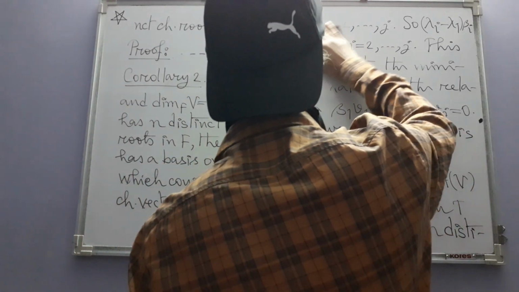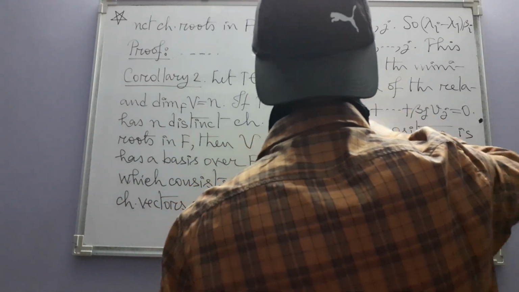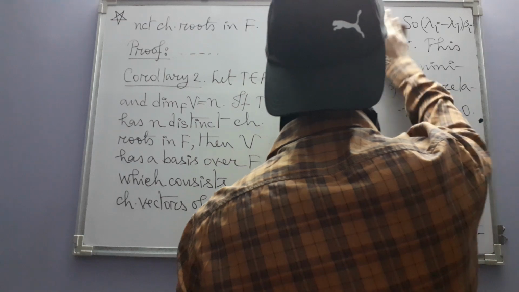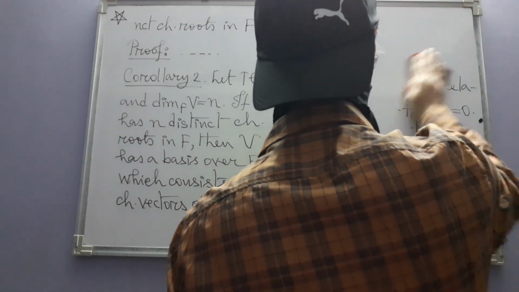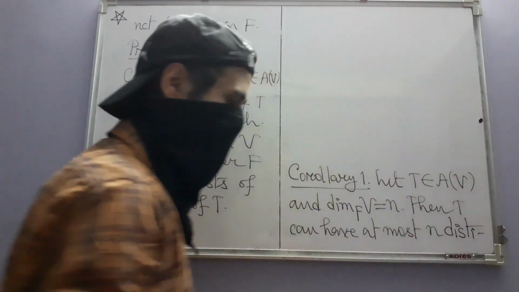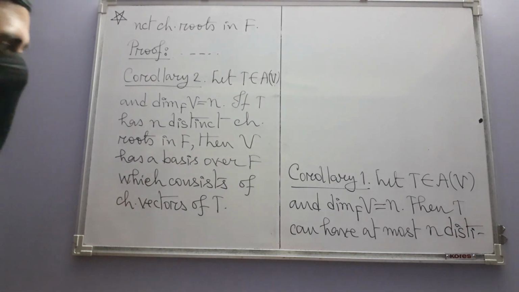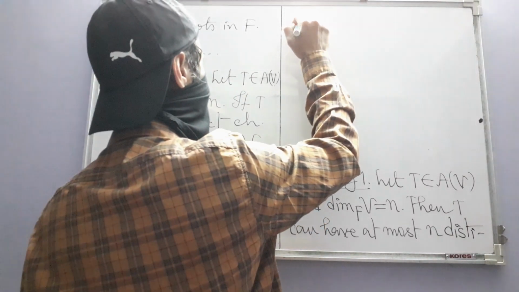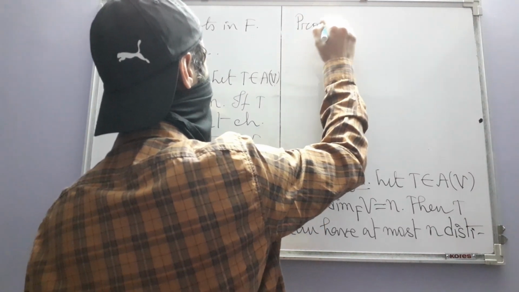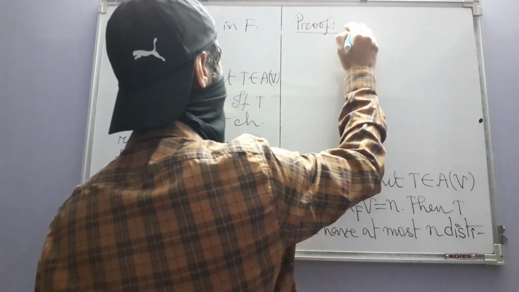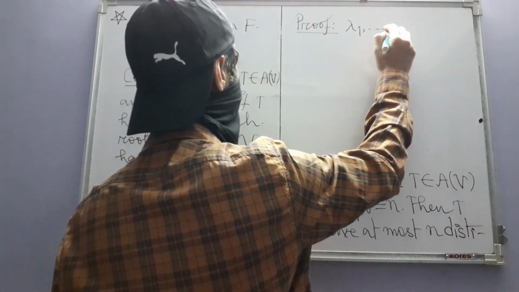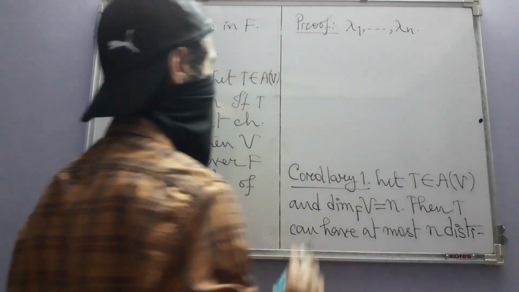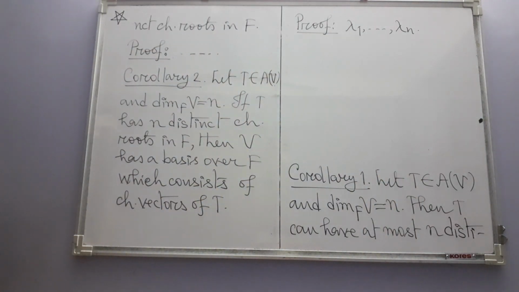You first consider the characteristic roots of T, and there are n distinct such roots. So this is the main idea of the proof. Let these be the distinct characteristic roots.